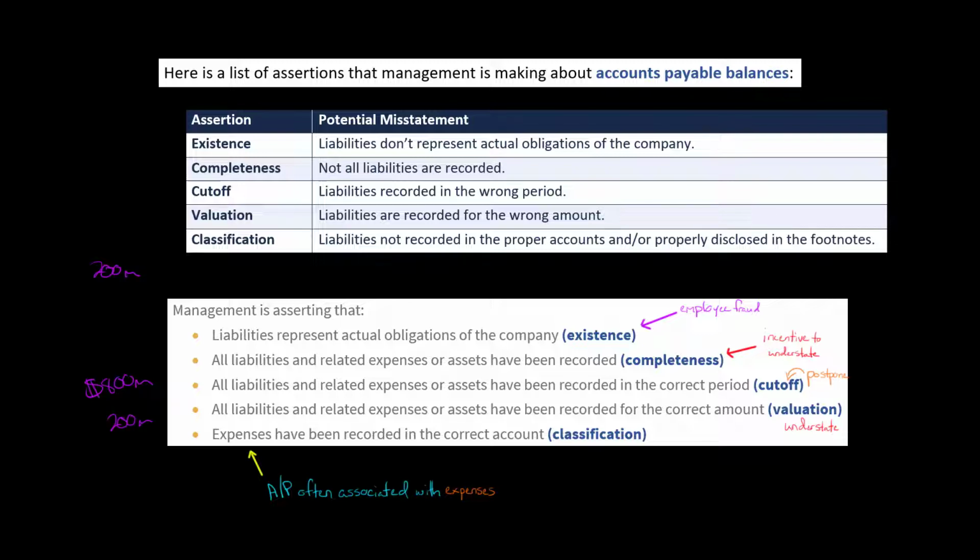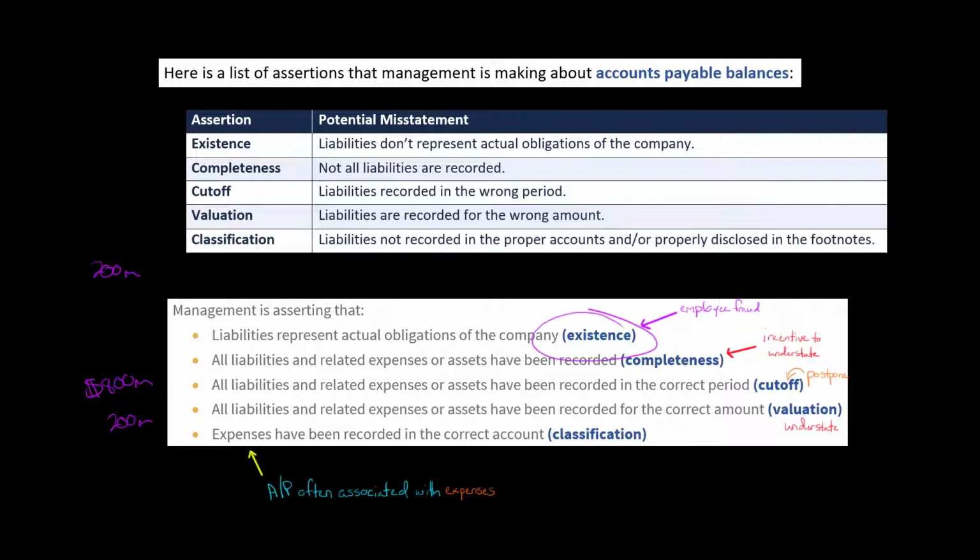Why would they overstate this and say, yeah, we have an extra $600 million in debt, we're fooling everybody into thinking we have more debt than we actually have? Okay, so they're not going to lie generally and say they have more liabilities than what they have. So generally, the auditor is not worried as much about existence of, oh, do those liabilities really exist? They're more thinking, oh, has the company told me about all the liabilities?